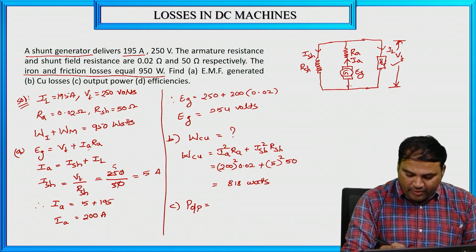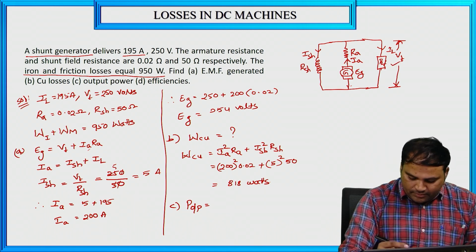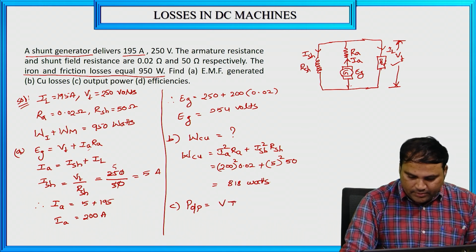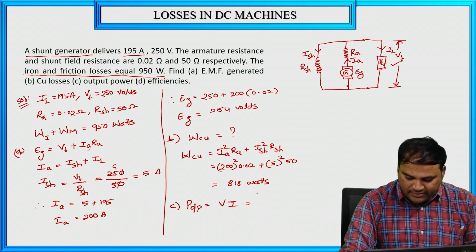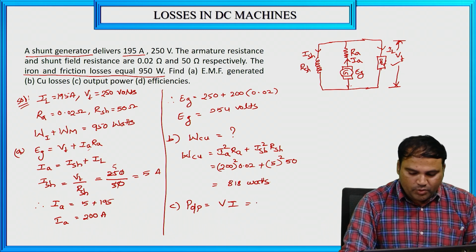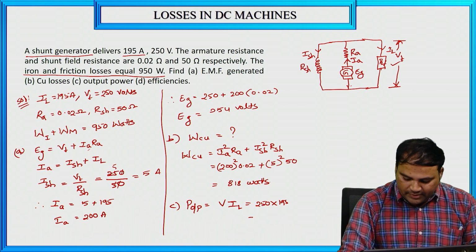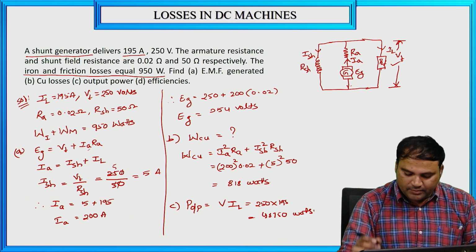So output power is equal to V into I, that is equal to, what is V? 250 into I, that is IL 195. So V into IL, we'll get 48750 watts. So that is the output power.